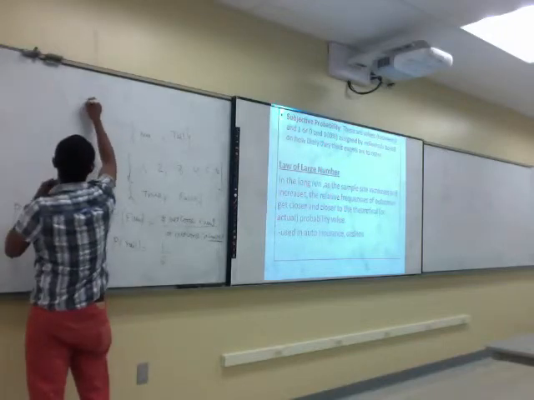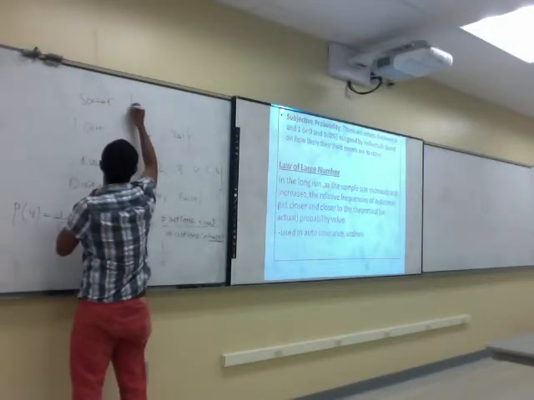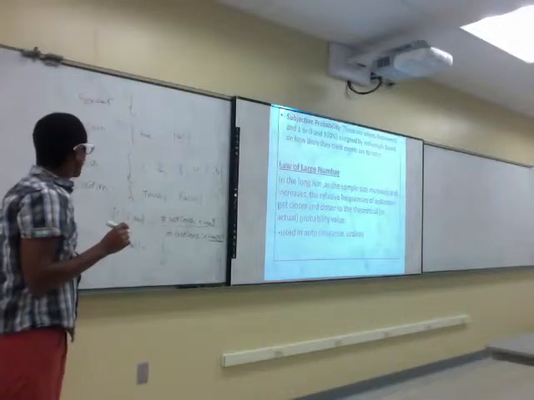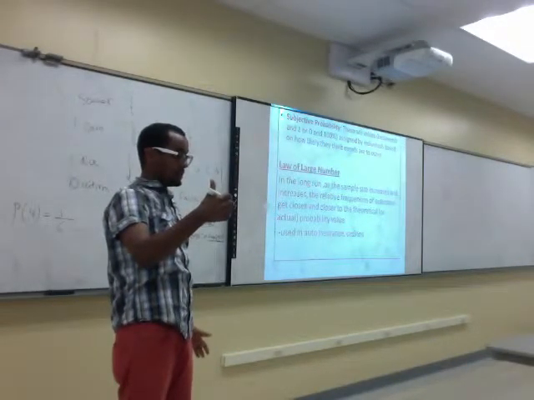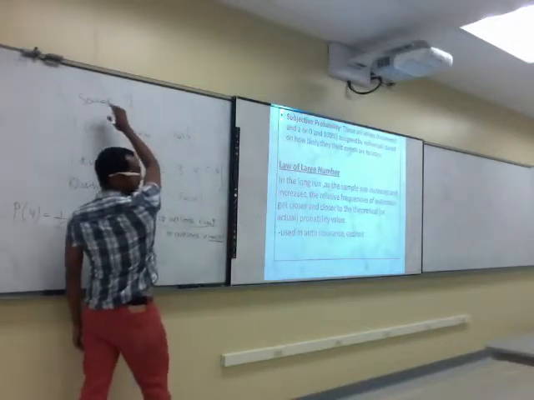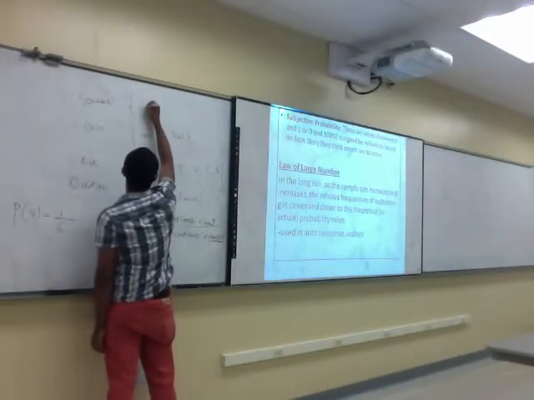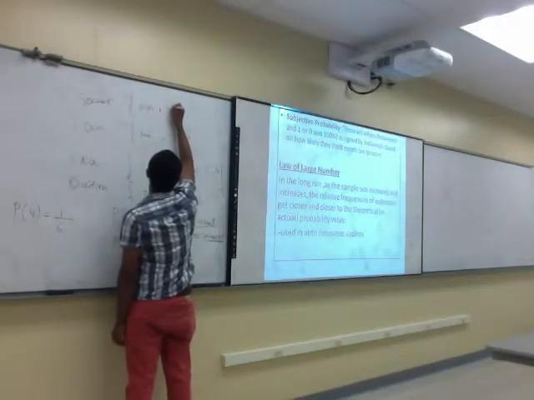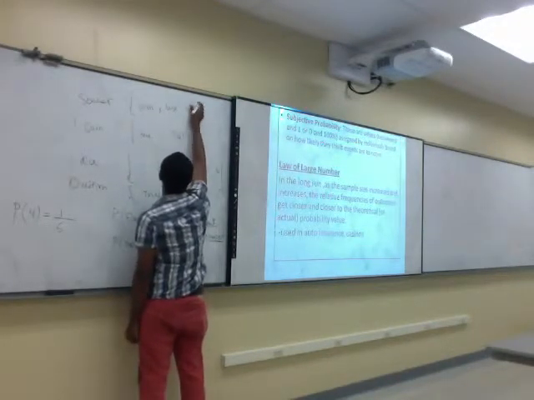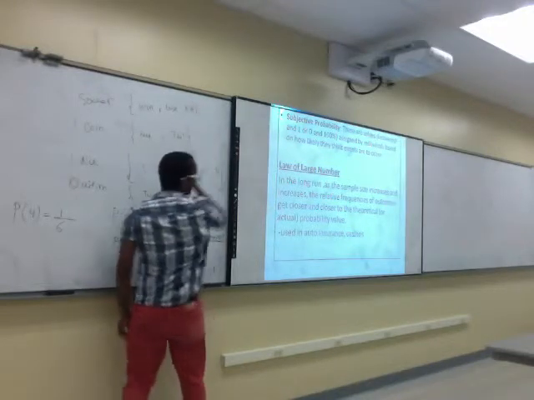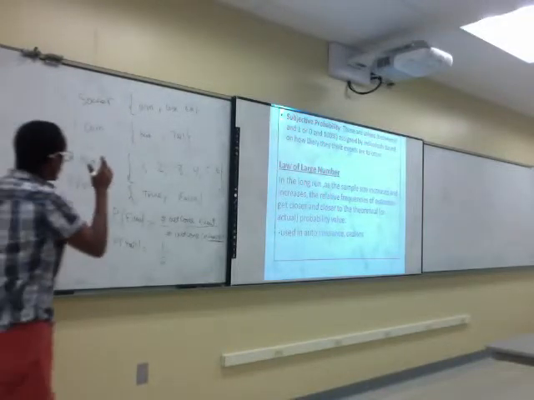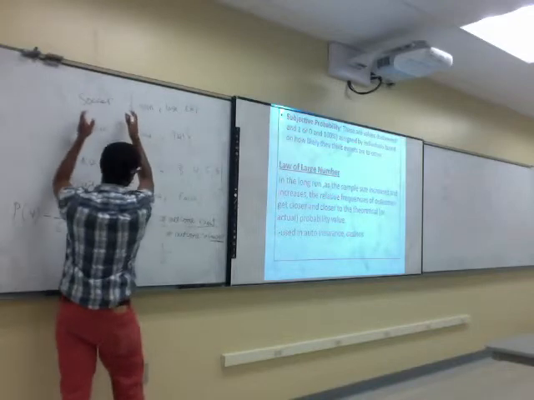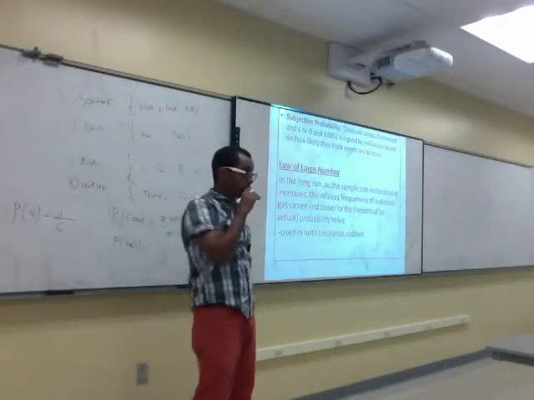If I'm playing soccer, assuming that you can have a win, a loss, or a tie, my possible outcomes playing soccer with another team will be I win, or I lose, or we both tie. Clear? So sample space contains the possible outcomes of that experiment, or any experiment that you perform.